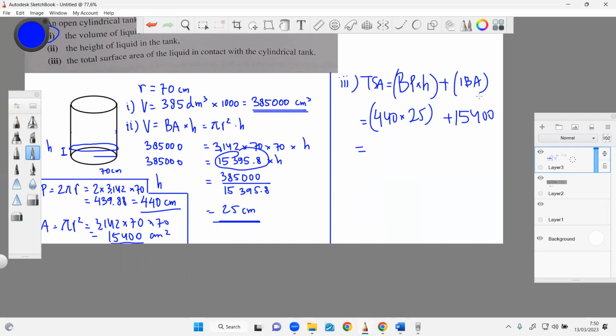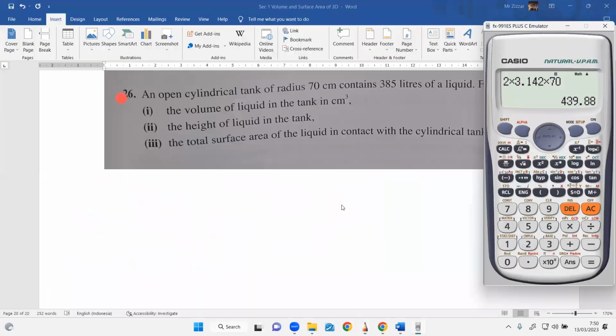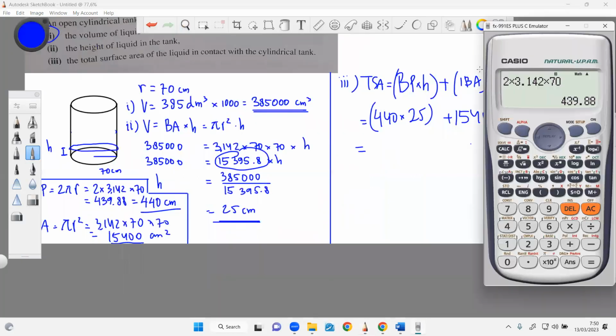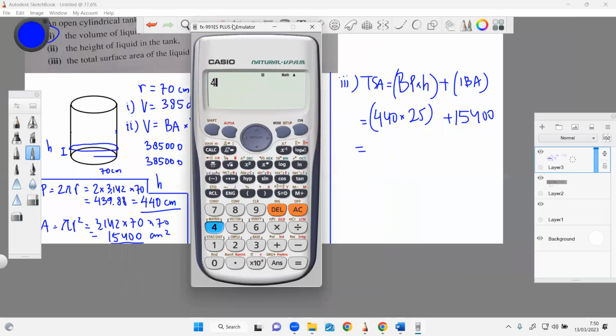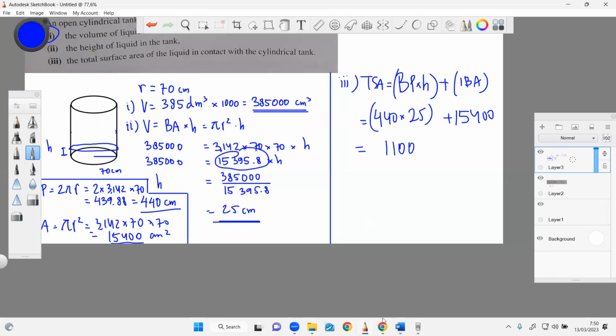Wait, what do I do here? 440 multiplied by 25 is 11,000. Oh, it's a good number. 11,000 plus 15,400. I think I made a mistake, guys.